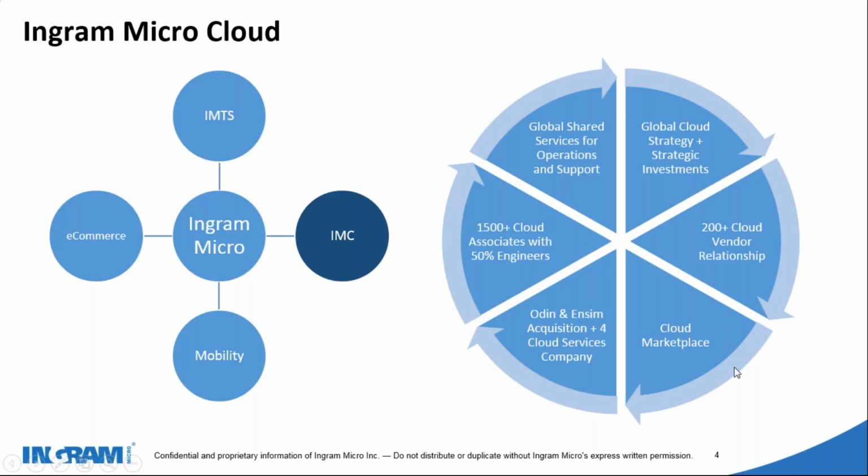We have our own marketplaces running in 18 to 19 countries worldwide, and Ingram Micro's Gulf marketplace is launching in October during GITEX. We'll be making that big announcement of the launch of the marketplace here as well. We have also acquired multiple companies. The recent ones are Odin and Ensign. These are big leaders in the cloud space, and they are now part of our company portfolio.